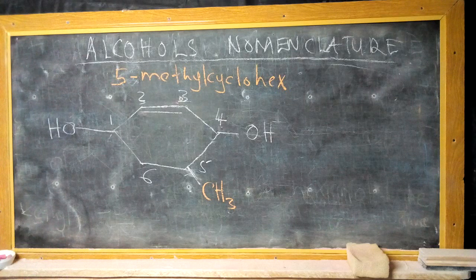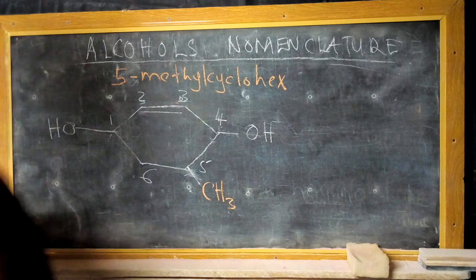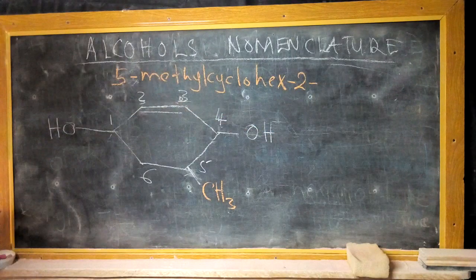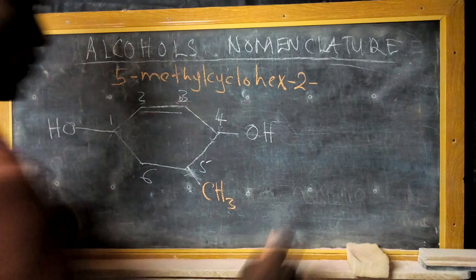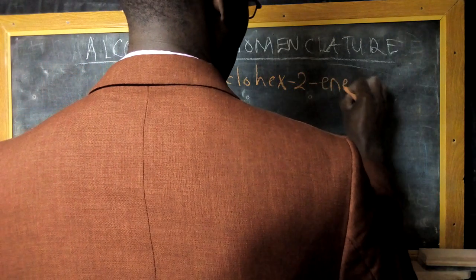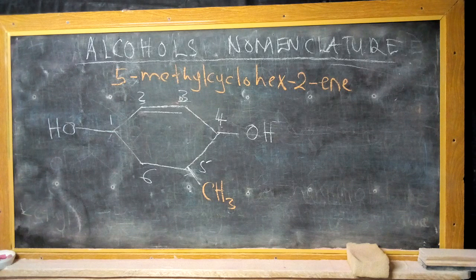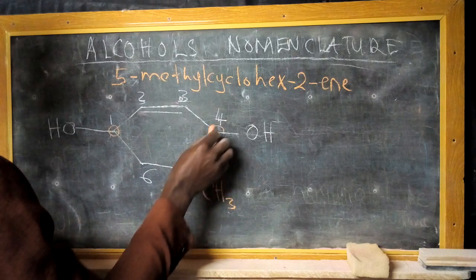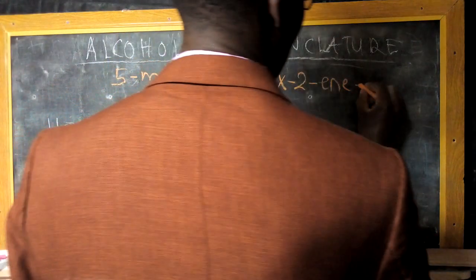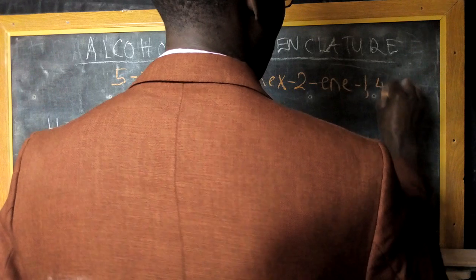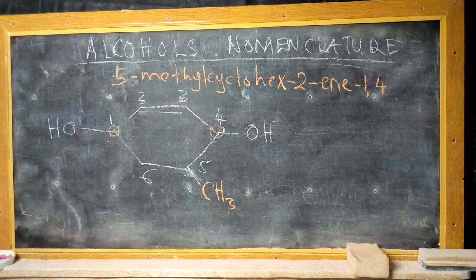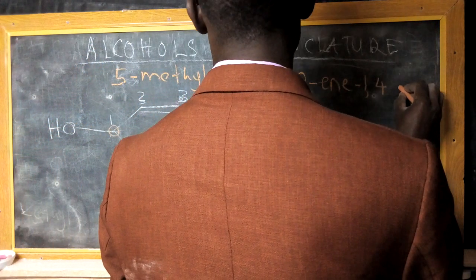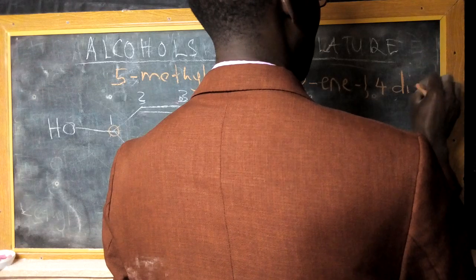And the position of the double bond that we said should have the lowest number possible, so we shall have 2-ene, and then we have the OH groups attached to carbon number 1 and 4, so 1,4. 2 alcohols, we shall give them the prefix that comes before the ol, which is diol.